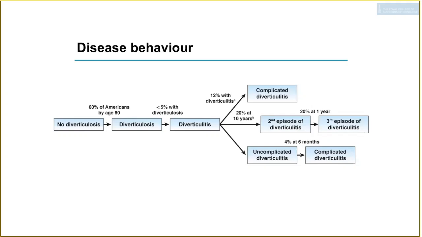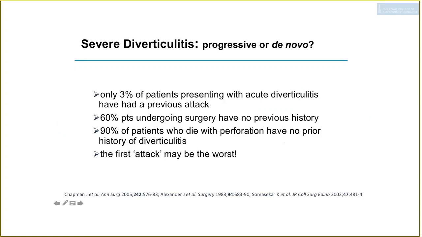They won't necessarily become symptomatic, and indeed you can see a small proportion, less than 5%, go on to develop a bit of diverticulitis, and some develop complicated diverticulitis, 12% or so, and then some will go on to develop second and third episodes in the sort of proportions that you can see. This is a little bit oversimplified, as you'll come to appreciate.